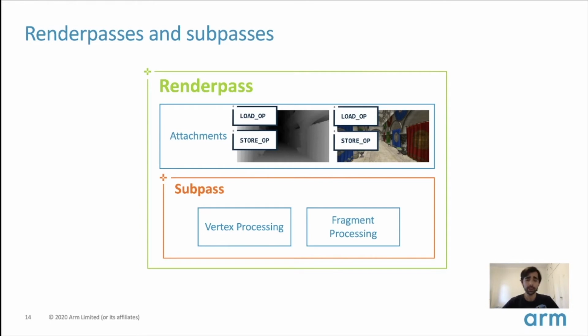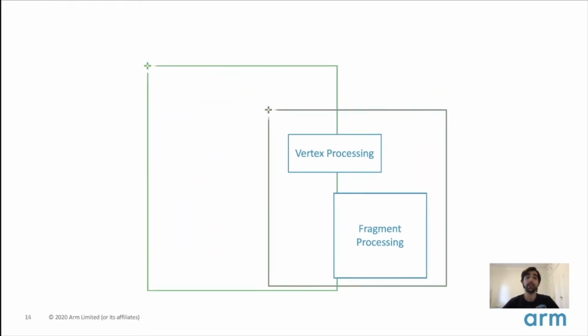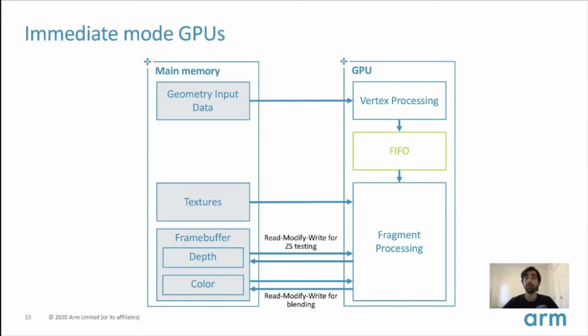Before we go into more detail than that, I also wanted to illustrate the differences between an immediate mode GPU and what we usually find on mobile. In an immediate mode GPU, very simply put, we are loading the geometry, and then in a queue, we are taking that geometry, we are rasterizing the scene, and then we are processing all the pixels at any rate that is necessary.